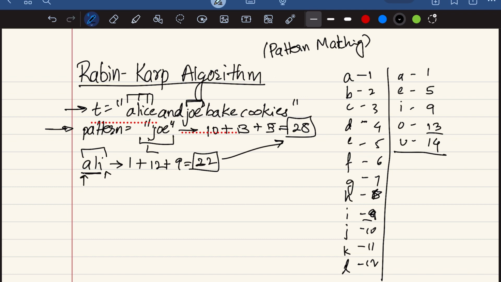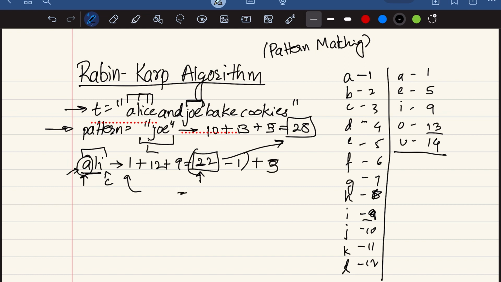For this particular window, we already calculated 22. We remove the first value, which is 1, which means we have removed A. Then we add the next value, which is C, and the value of C is 3.